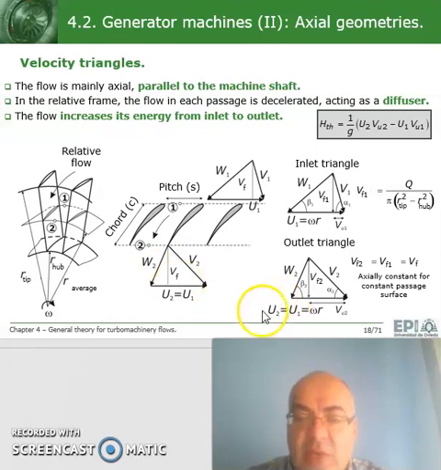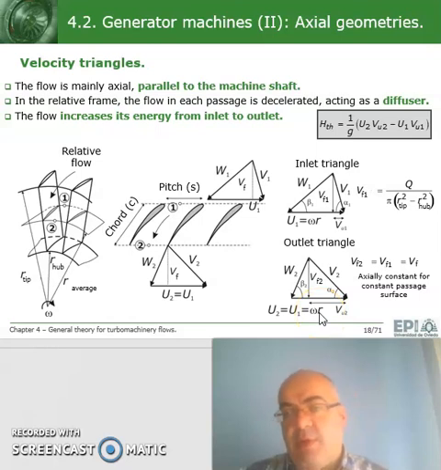First, u2 is equal to u1, so peripheral velocity is kept constant because omega is kept constant and r is also kept constant.